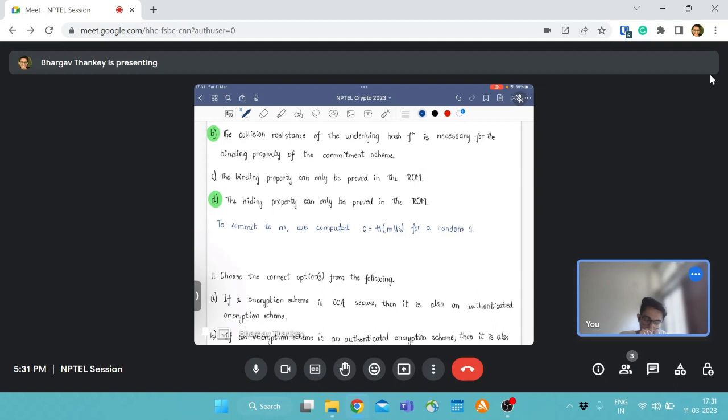So to commit to M, we computed this commitment H of M concatenated with S. Here S is a random string of appropriate length. Let's say the domain of H is of length n and M is of length n over 2, then S would be of length n over 2. I'm not writing those details here.